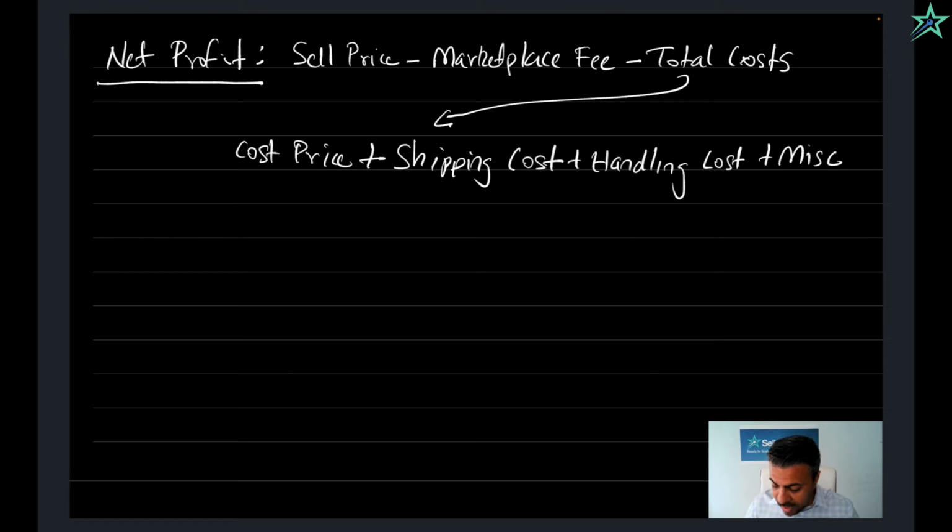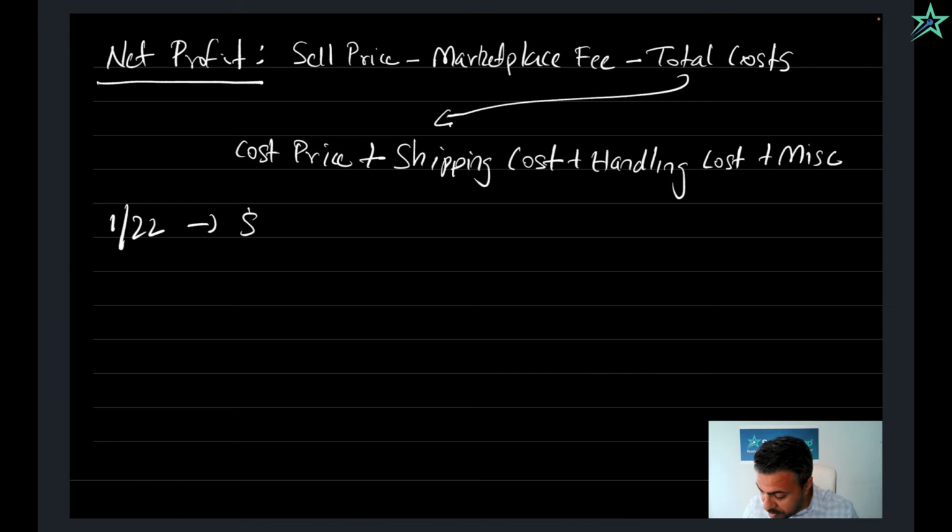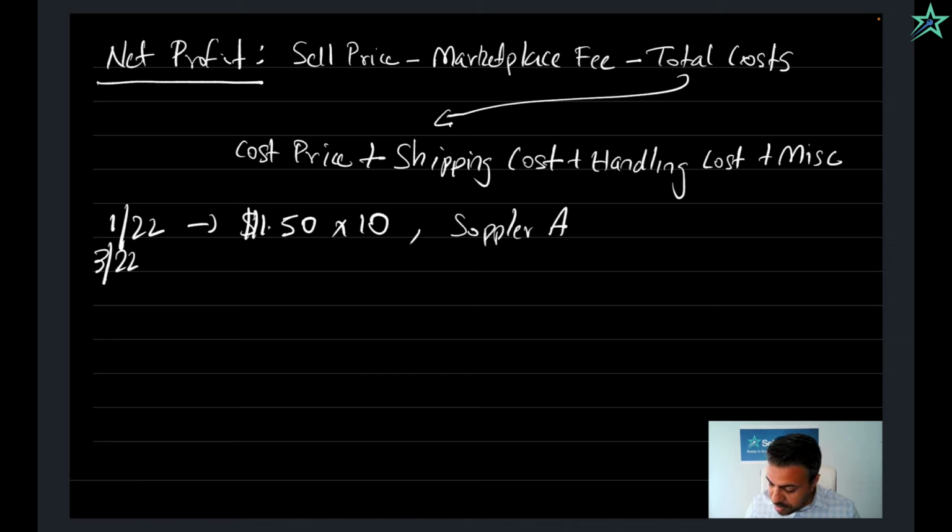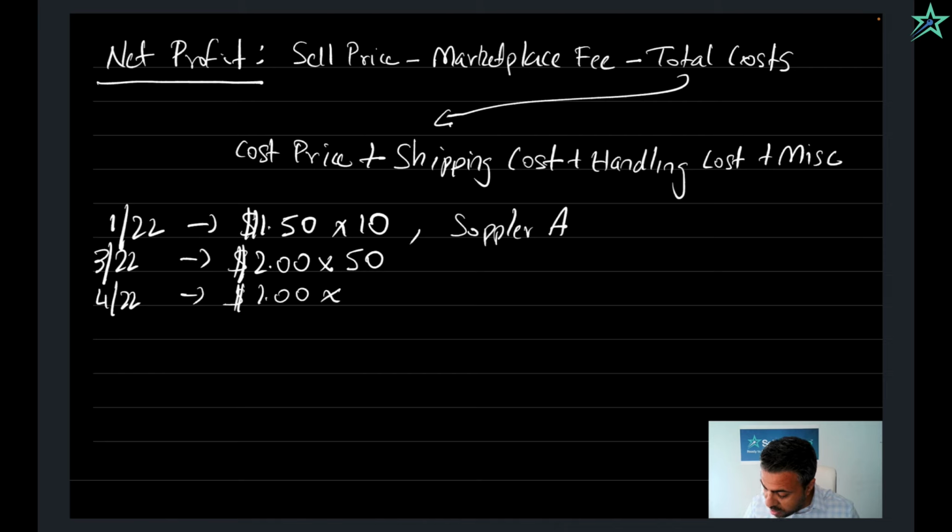So to give you an example, let's say you bought a product in January of 2022, and let's say it cost you $1.50, and you bought 10 of these from supplier A, let's say. And then in March you bought it again, and this time it cost you a little bit more. This time you paid $2 for it, and you bought 50. And then in April you bought it again, and this time you got a good deal, and you only paid $1 for it, and you bought 100.